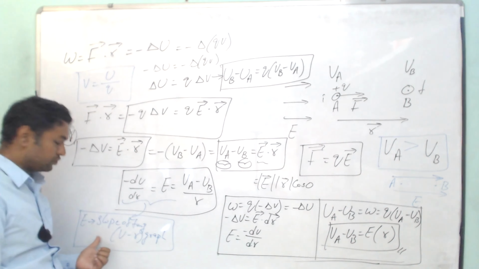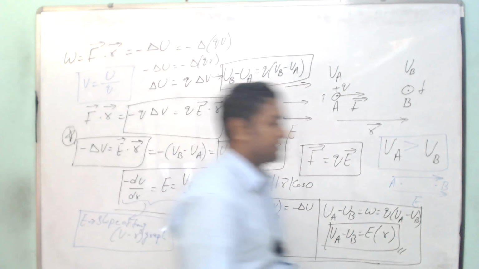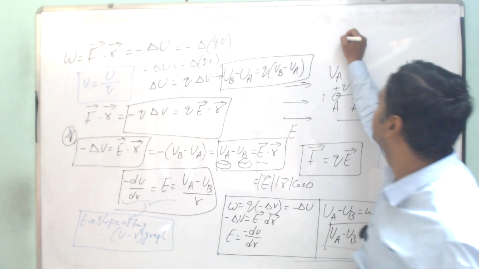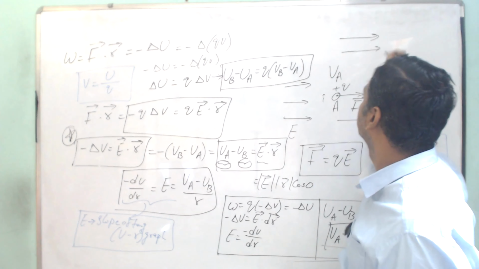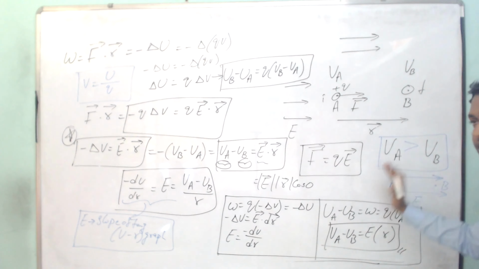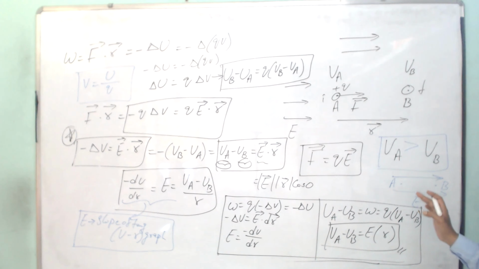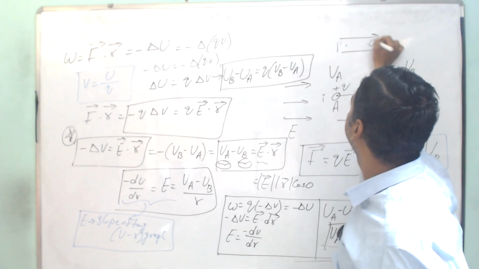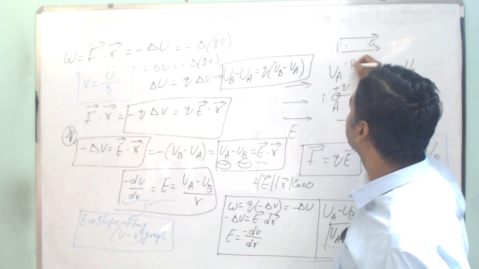There is one last thing I have to explain. See, if I have a uniform electric field, and I am going parallel to the electric field, higher potential, lower potential, we have figured that out, right? Now I have a point P, I have a point Q, and let's take a point R also.